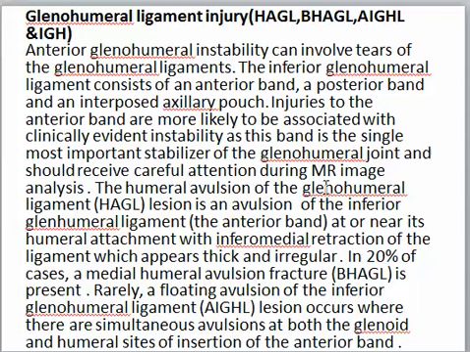The humeral avulsion of the glenohumeral ligament, or HAGL, is an avulsion of the inferior glenohumeral ligament, the anterior band, at or near its humeral attachment.